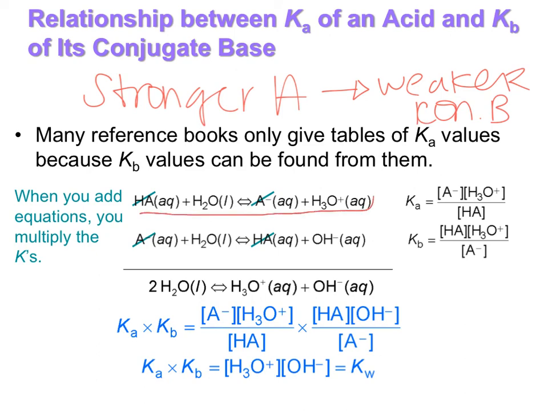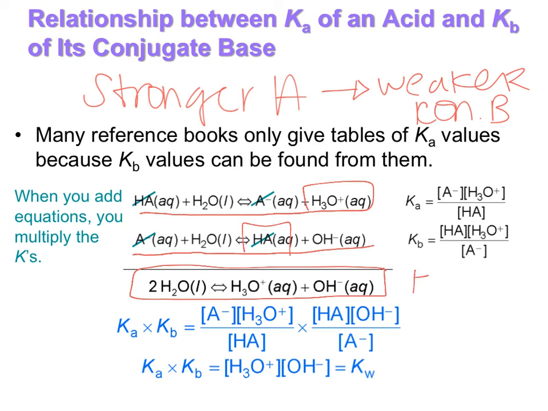and producing hydronium, and the conjugate base going forward and producing acid, if we add both of these up, what we get as a net is just 2H2O giving us hydronium and OH minus. And if you remember, this also had to do with the auto ionization of water and when we were looking at Kw.